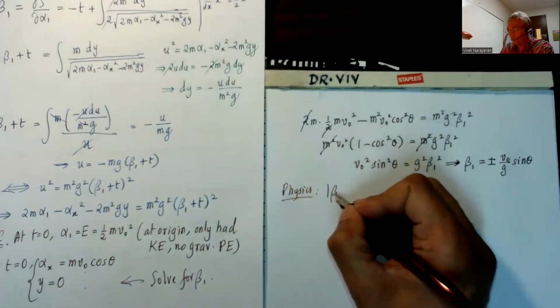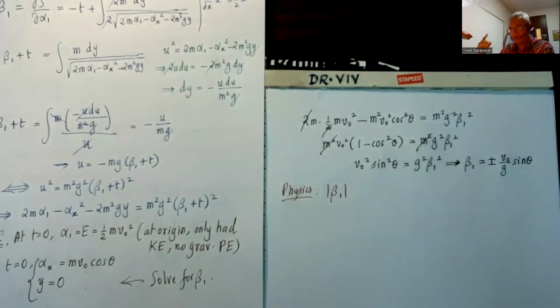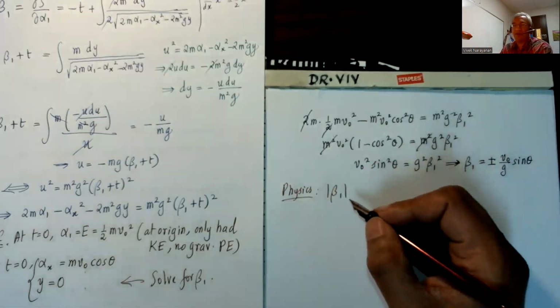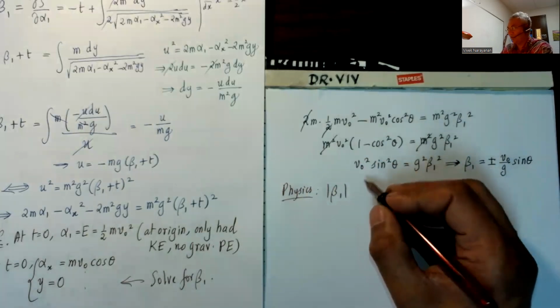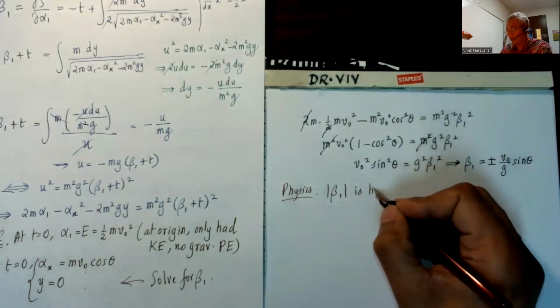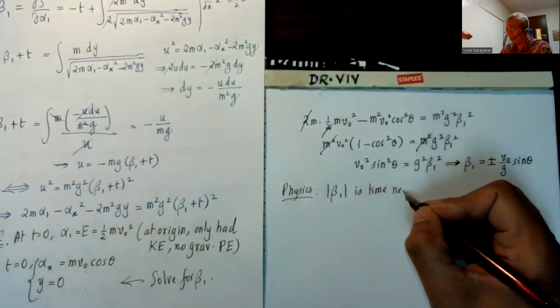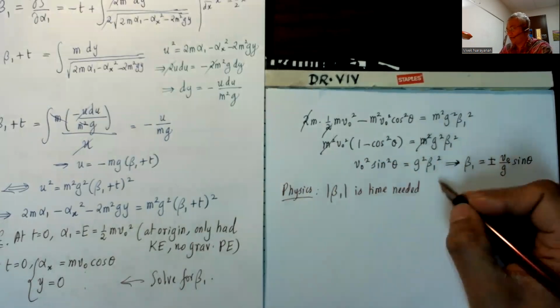So here's the physics. It's always important to keep in mind the physics, especially in simple problems like this. In more complicated problems, you won't know what's happening, but here, at least it's all very clear. Beta 1 is the time needed to reach the highest point.